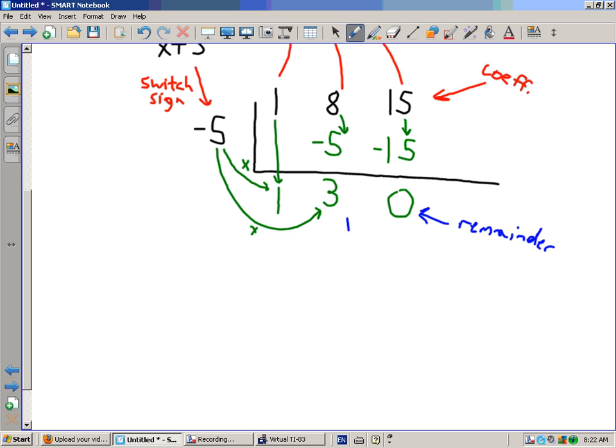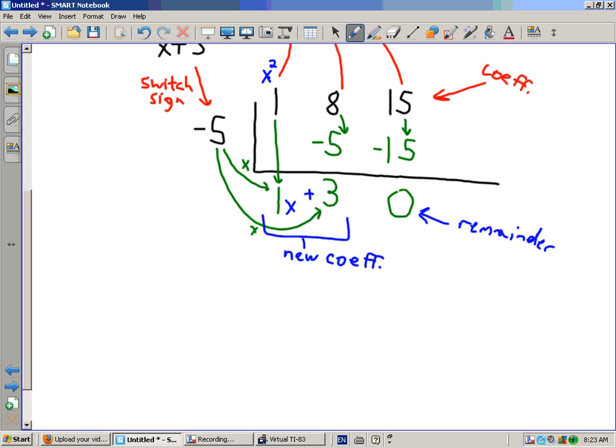These numbers right here are our new coefficients. This coefficient up here with the 1 right here, its power was x squared. So we're going to lose one of those powers, and we're going to get 1 times x. And we're going to have positive 3 as its constant term.